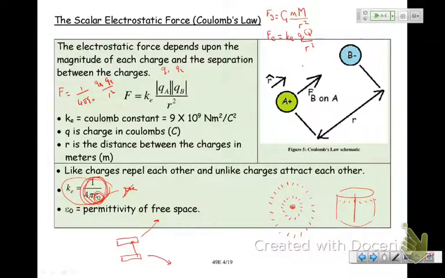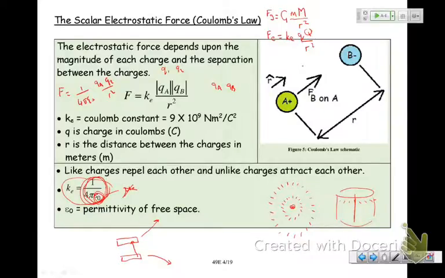And then the other thing is, I prefer to use the absolute values and not worry about signs in my equation. I really do care about signs. The textbook says write down QA as a number, write down QB as a number. If you have a negative sign, then that is attraction, because opposites attract.